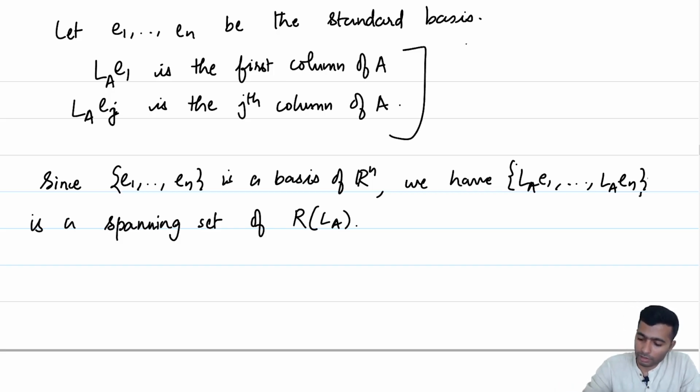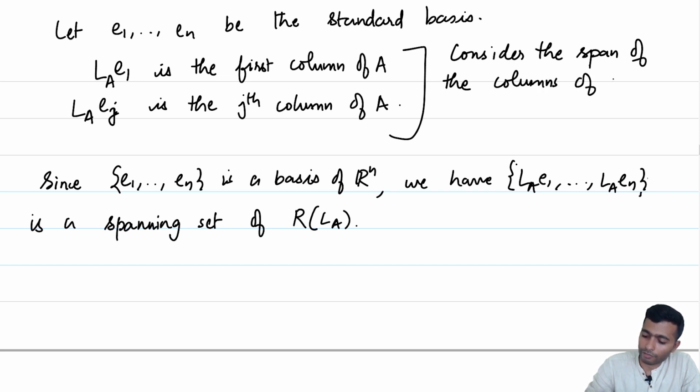As noted here, consider the span of the columns of A. What we have just noted is that this space is exactly equal to the range of LA, and therefore, the dimension of the range space is the dimension of the span of the columns, and that is precisely equal to the rank of our matrix A. Again, we have not simplified our problem much, we have just rephrased it into a language which is obtained from the matrix itself.